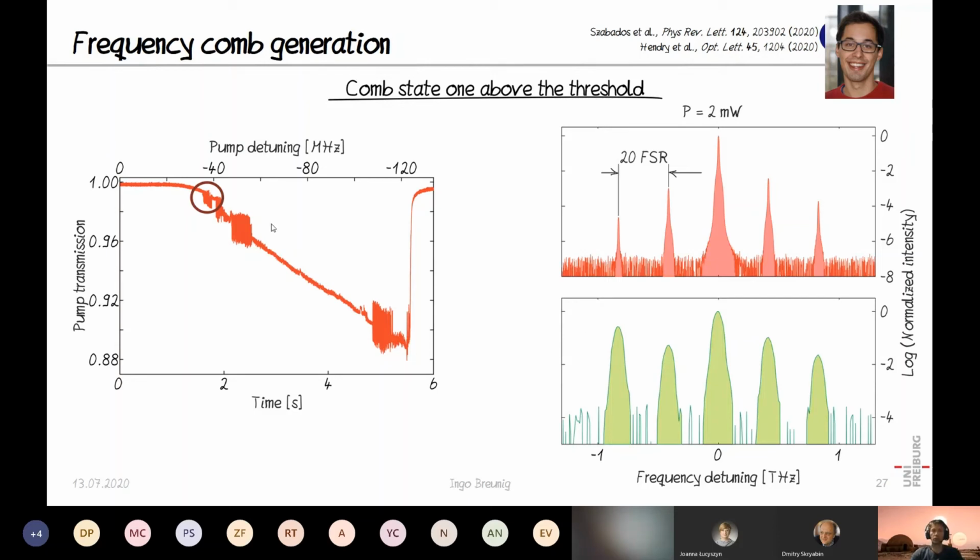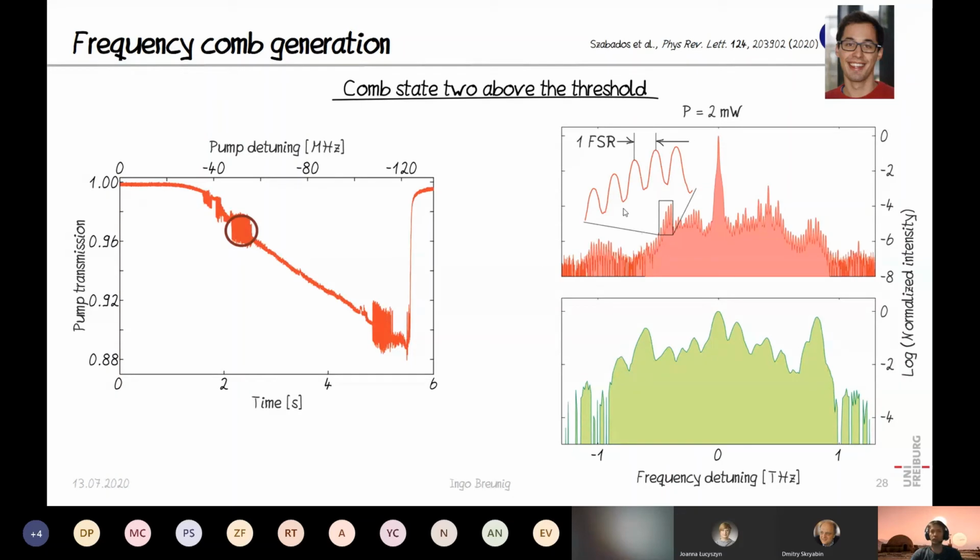Now if you stabilize your laser into this second noisy region, the situation looks a little bit different. Here you also generate a lot of sidebands, but the distance between these components is 1 free spectral range. So you have a nice frequency comb around the pump.